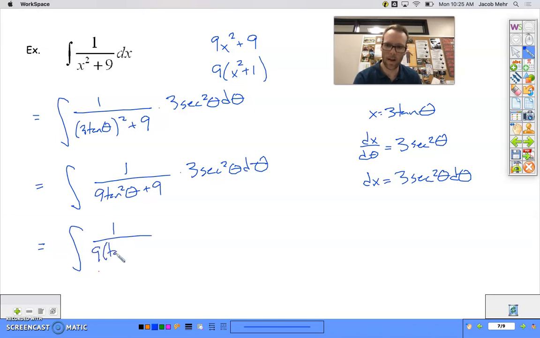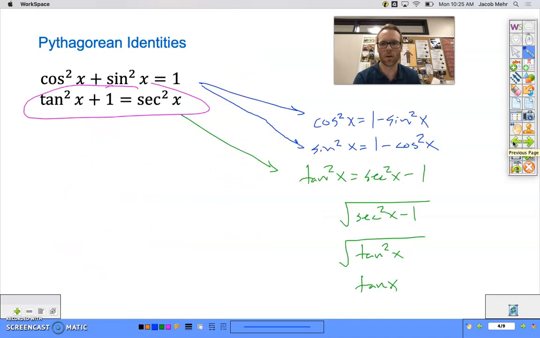This is 9 times the tangent squared plus 1. And I hope by now you've noticed what's going to happen here. Beyond just the 1 and the 3 and the 9 reducing to a 1 over 3 here, what is tangent squared plus 1? Tangent squared plus 1 is secant squared.